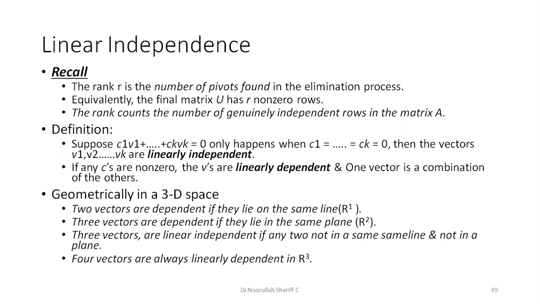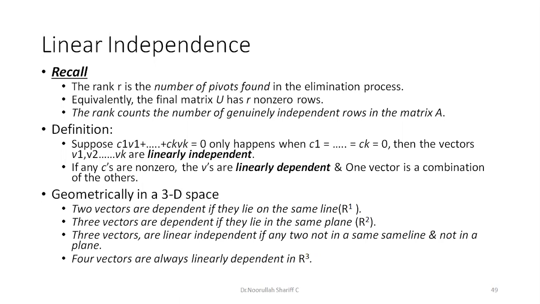So the rank of that matrix was 2, and one of the rows, that is 3 minus 2 equal to 1, is zero, and the rest of the 2 rows will be non-zero. So the rank counts the number of linearly independent rows in a matrix A. Straight away it is the rank which counts the number of independent rows in a matrix A.